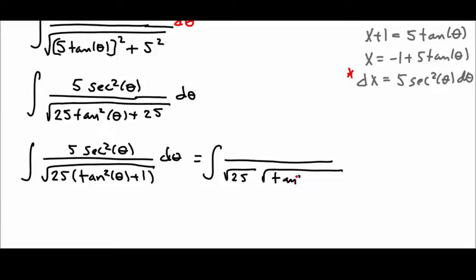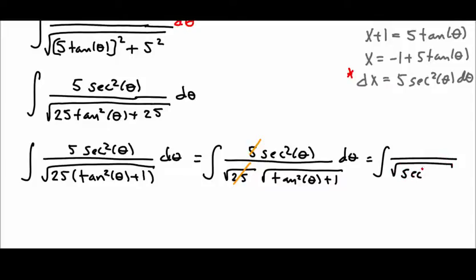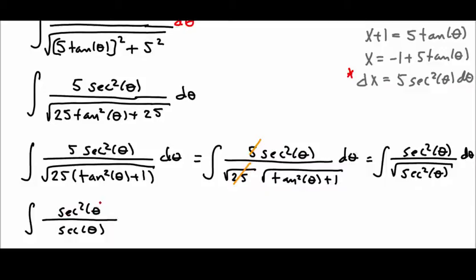The square root of 25 is 5, so these cancel. Now tangent squared plus 1 is equal to secant squared, so this is the square root of secant squared of theta. And of course the square root of secant squared is secant, so this is the secant of theta. My numerator is secant squared of theta. Canceling occurs here, and I'm just left with secant theta in my numerator.